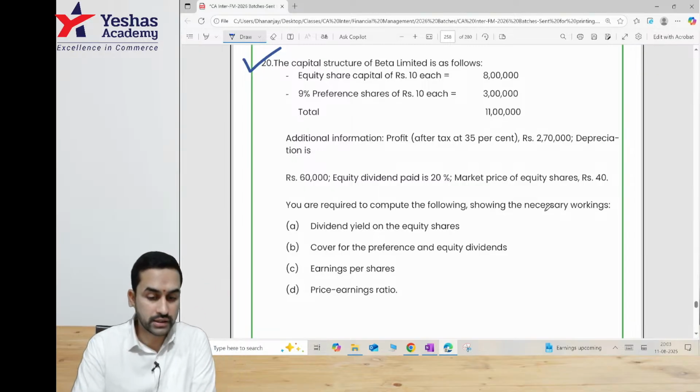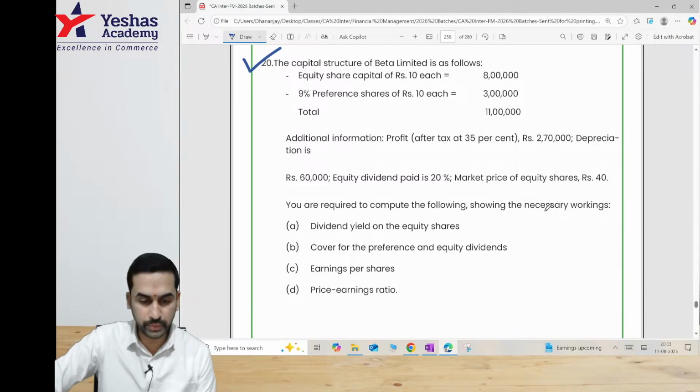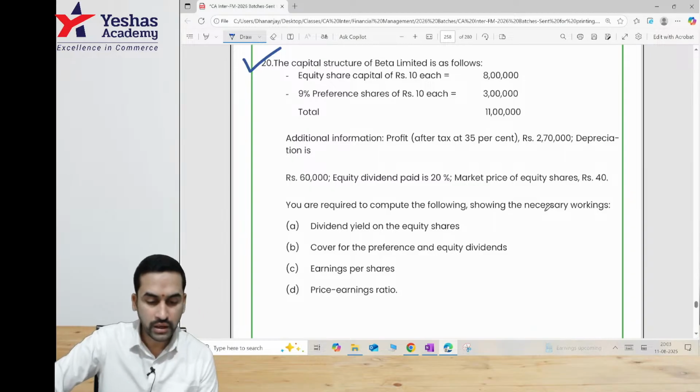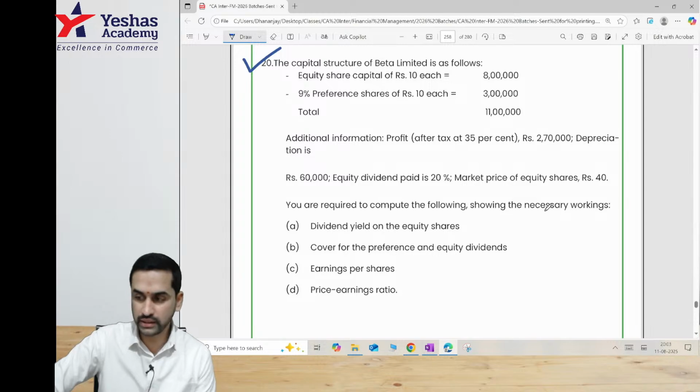It says the capital structure of Beta Limited is given to you. Equity share capital 8 lakh rupee, 9% preference shares 3 lakh rupee. That means on 3 lakh you have to pay 9%. Simple. Total is 8 lakh plus 3 lakh, 11 lakh. Additional information, profit after tax is 2,70,000 PAT.